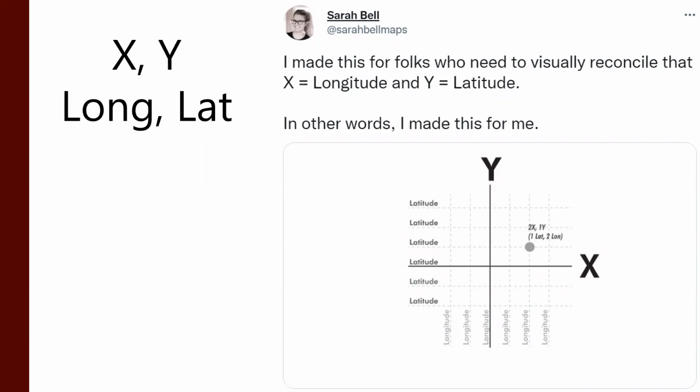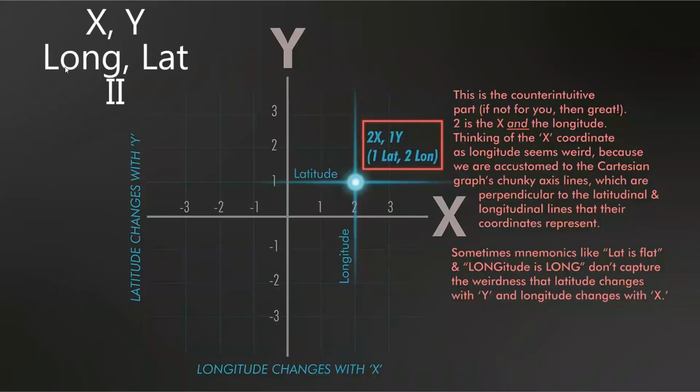Latitude is Y, longitude is X. So when we're saying lat long, in graph space, we're saying YX. Latitude changes with Y. Longitude changes with X.